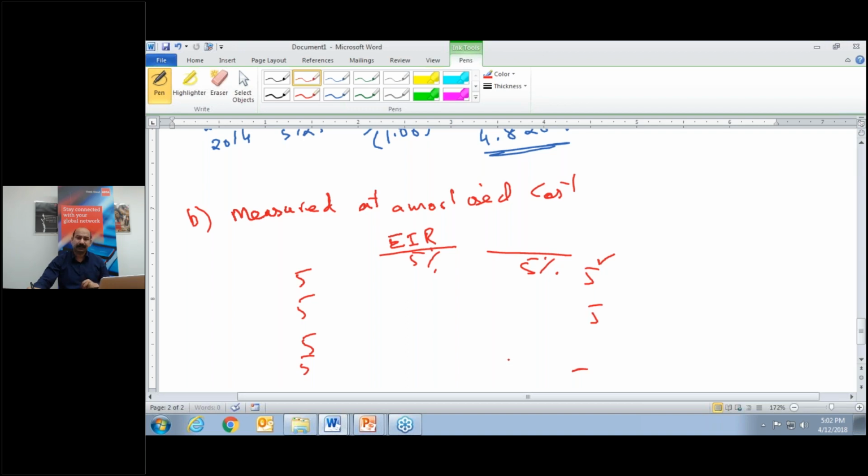You can even test it, because under amortized cost you use the same effective interest rate which was prevailing at the date of inception. So when you discount future cash flows on 31st December 2010 by applying 5%, this will give you 5 million. So this is the second part of this illustration.